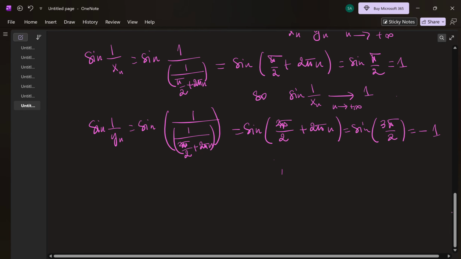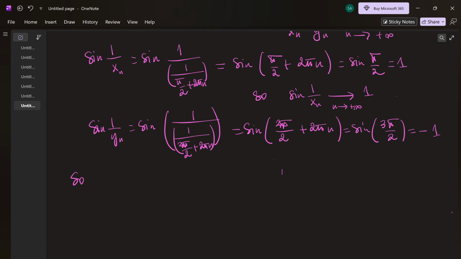Hence, the limit when n goes to plus infinity of 1 over xn times sine 1 over xn is equal to plus infinity times 1, which is equal to plus infinity.